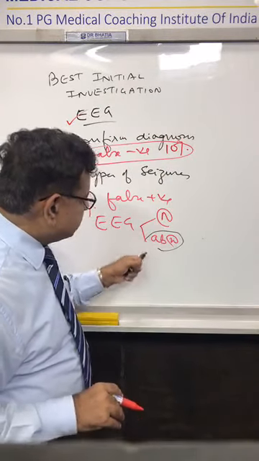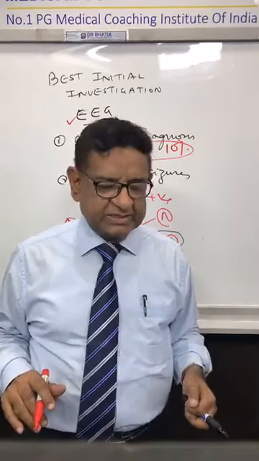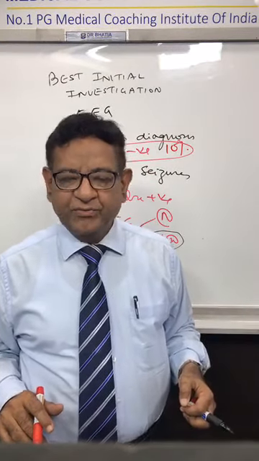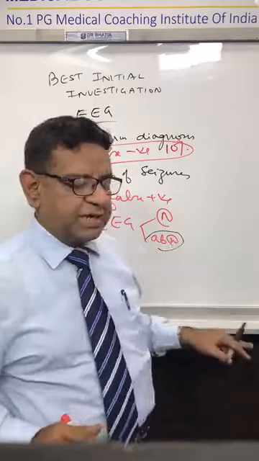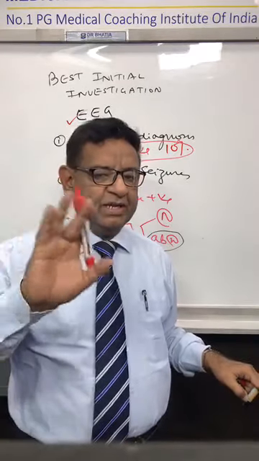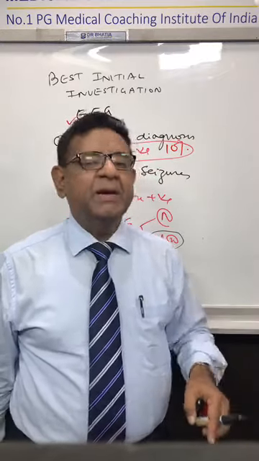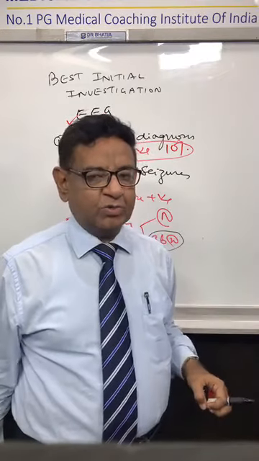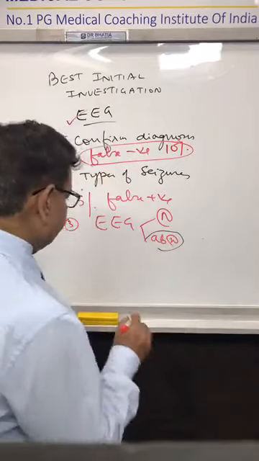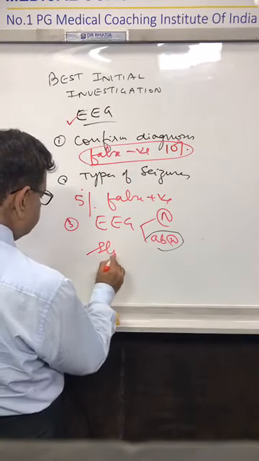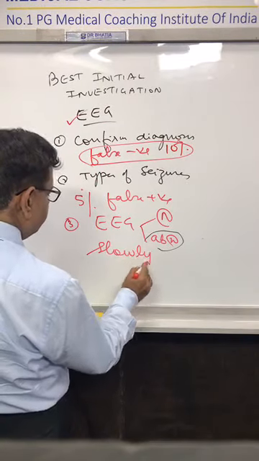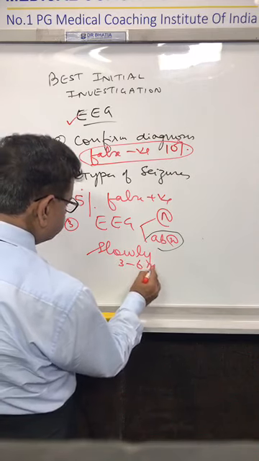Now, abnormal EEG, should we withdraw or not? Yes, we can withdraw. So abnormal EEG at the end of 3 years is not a contraindication to stop it. You can stop the anti-epileptic drug, but remember, the anti-epileptic drug is always withdrawn very slowly over a period of 3 to 6 months.